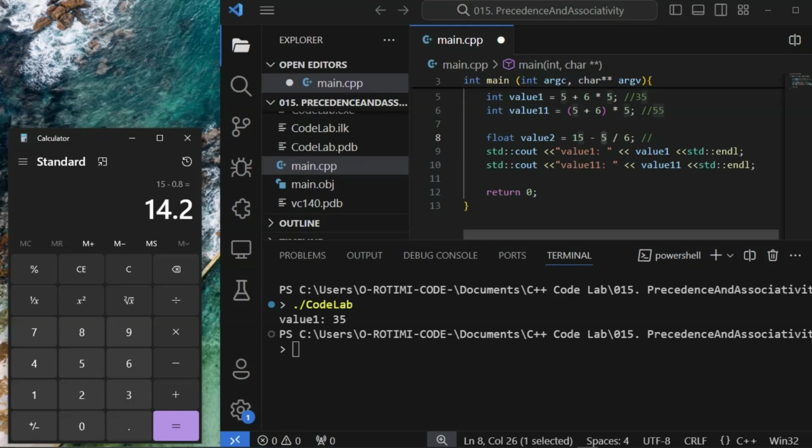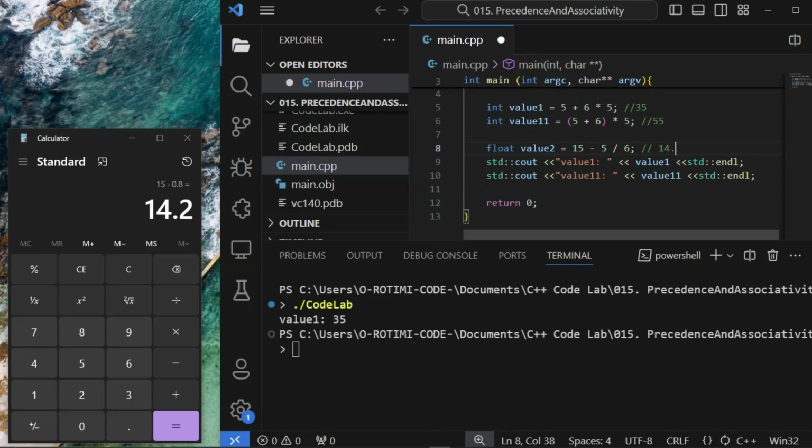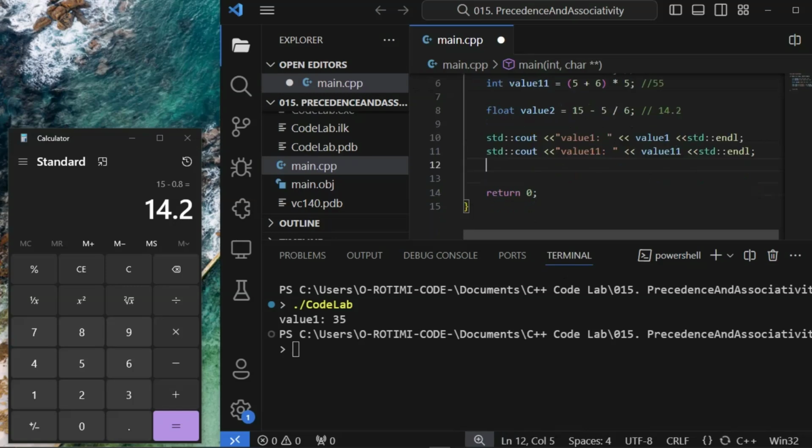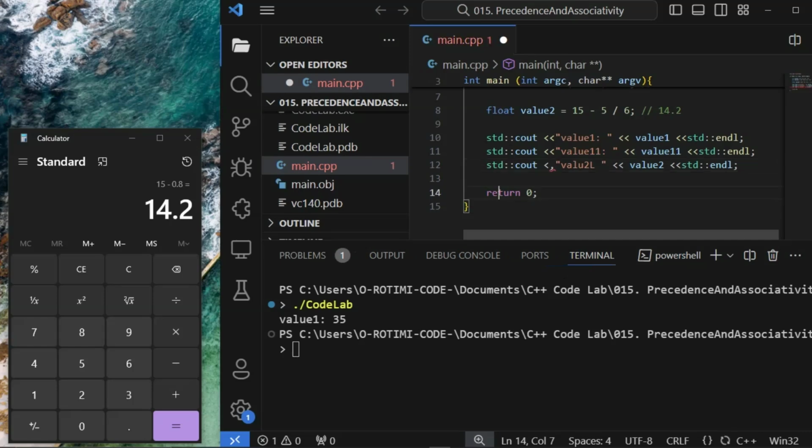So now let's try and check that through our value. We're going to get 14.2 or more. Now let's check all our answers and figure it out before the compiler does. Okay, there's an error here.